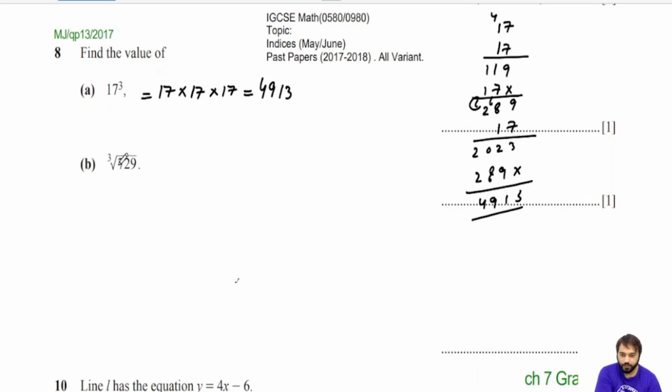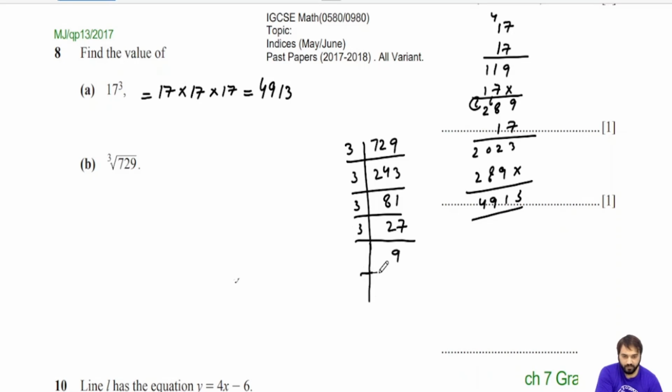Part B says cube root of 729. For this question you have to make prime factorization. 729, 3 times 243, 3 times 81, 3 times 27, 3 times 9, 3 times 3, 3 times 1. How many 3s do we have? 1, 2, 3, 4, 5, 6.